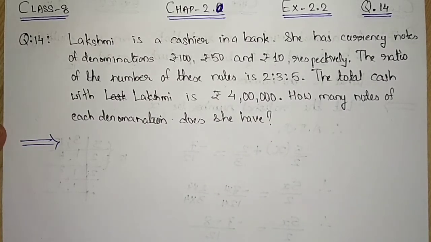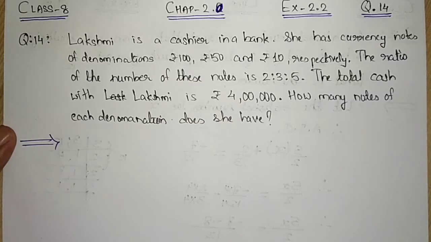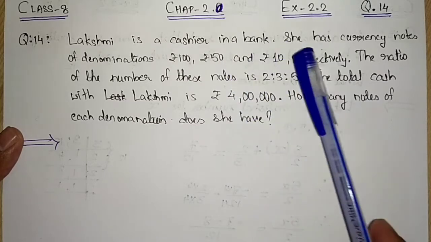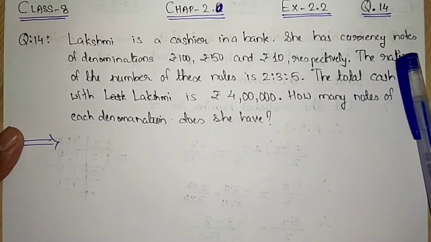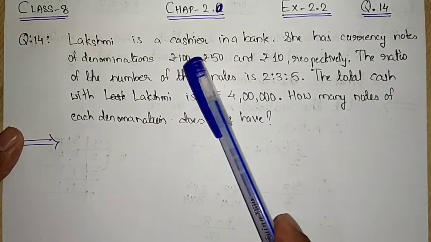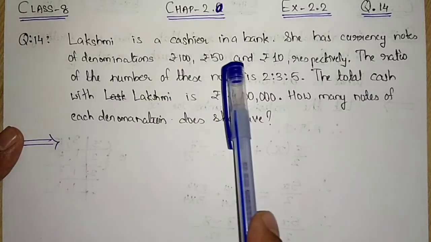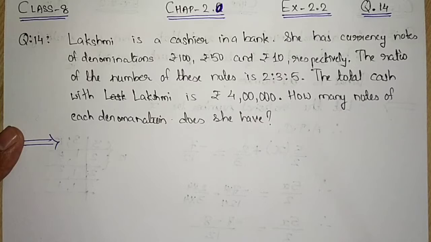Students, let me explain what the question says. It is telling us that Lakshmi is a cashier in a bank. She has currency notes of the denomination rupees 100, 50 and 10 only. All the cash which is with her is in these notes only. Then they have given us two hints.